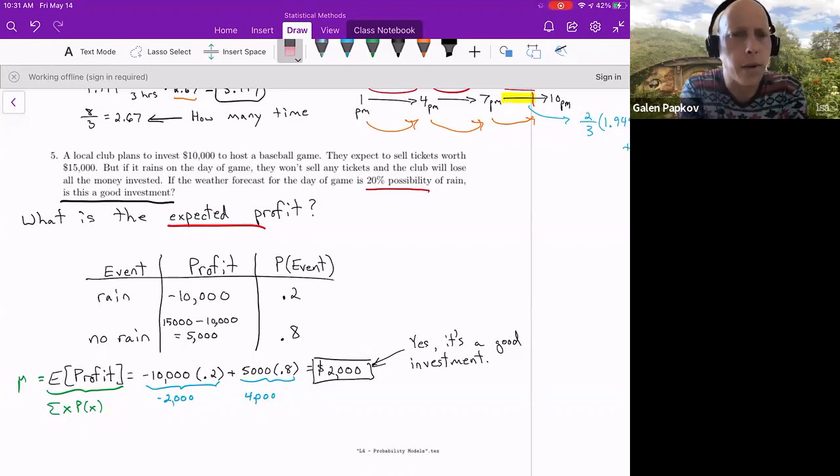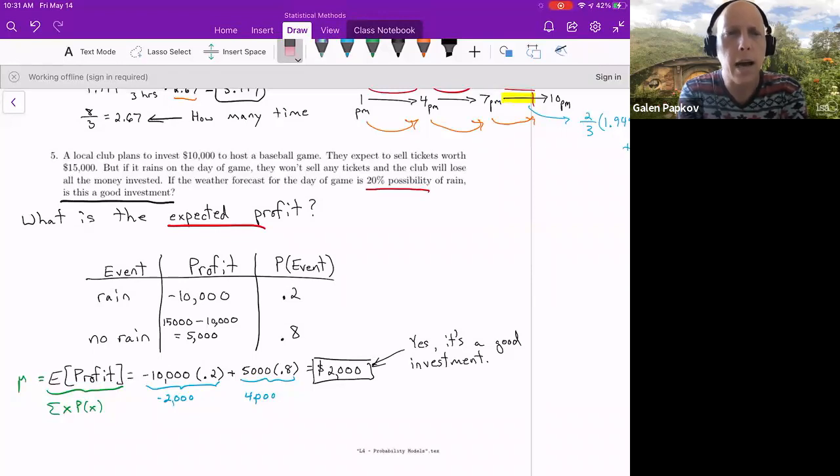So now that we have the probability model, we need to know, well, what is the expected profit? Because that's how I would decide whether it's a good investment, is to have an idea of how much money I expect to make. And based on this probability model, remember, expected value is x times p of x. So you have negative 10,000 times 0.2, 5,000 times 0.8, multiply them, add them up, and you'll get positive $2,000.